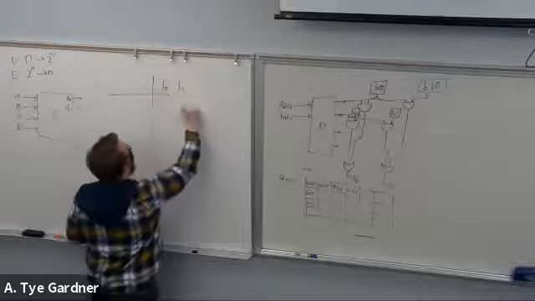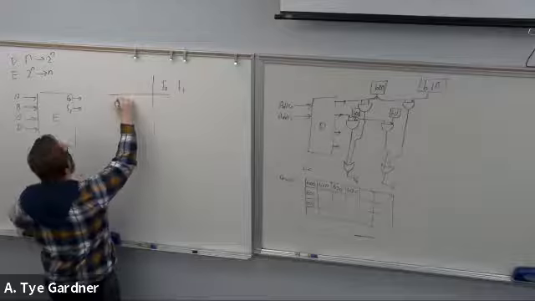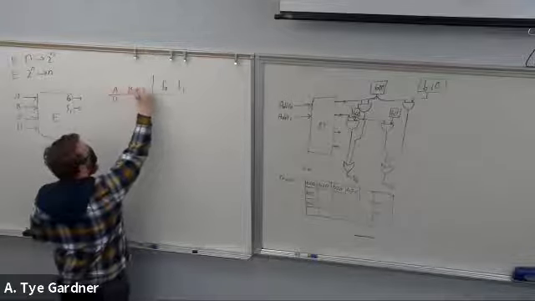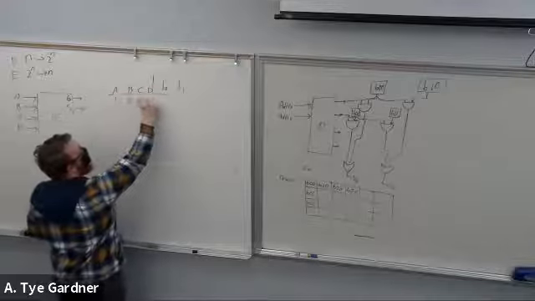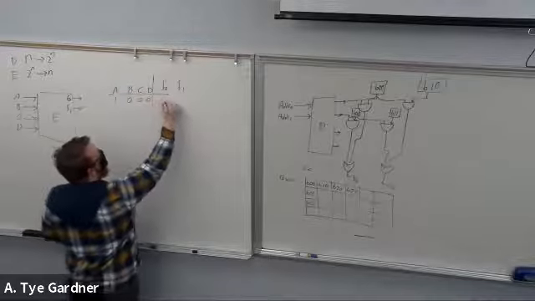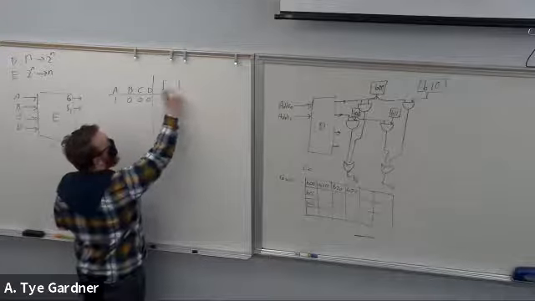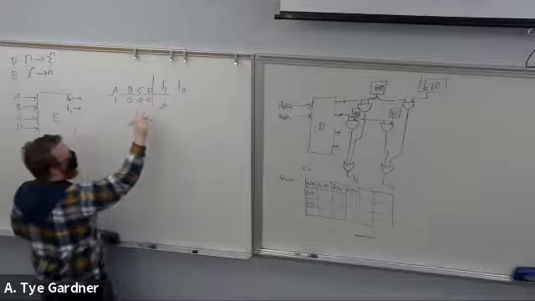F0, F1, are, well, if I have A, 0, if A is 1, then I'm going to have, sorry, I'm going to flip this around too so it follows F1, F0, flipped around.